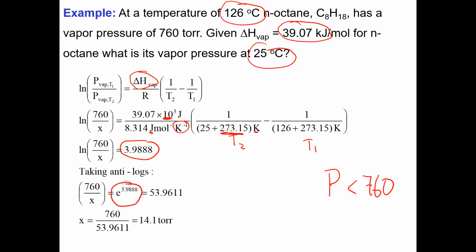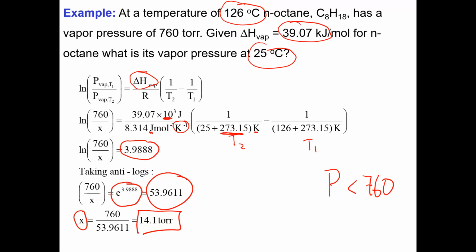So I'm going to do e to that number, e to 3.9888. And that gives me the value of 760 on x. And then obviously I can just solve for x there by a simple rearrangement. And sure enough, I got a number that was a lot smaller than 760.